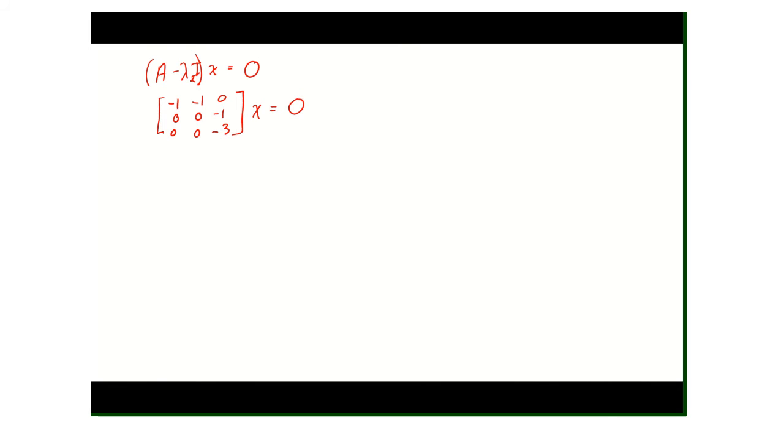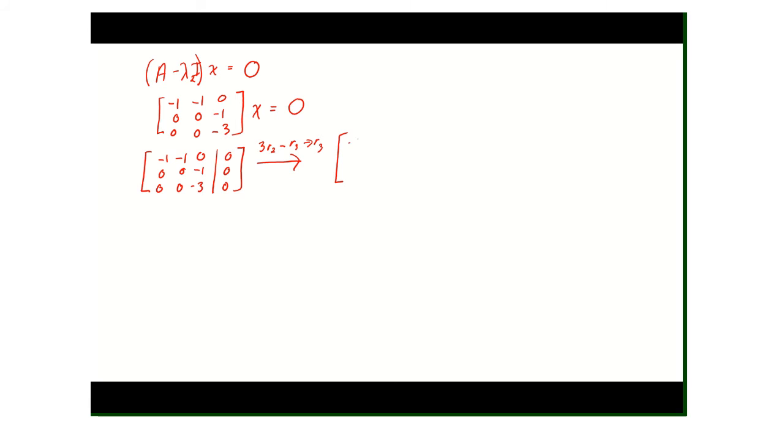So again, now we have linear equations. We know how to solve this. Put it into our augmented matrix and start row reducing. So when we row reduce this, I'm going to take row 2 minus row 3 as the new row 3.